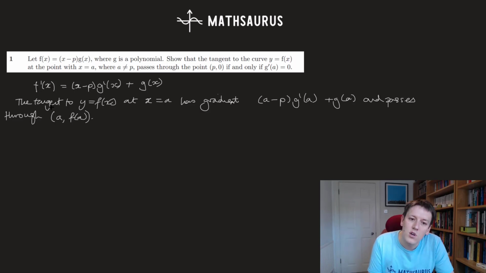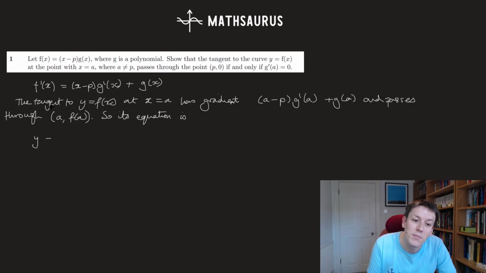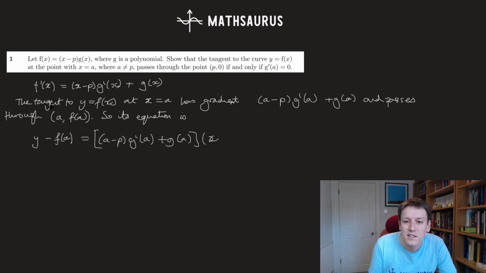Okay, so that means that its equation, just using the form y minus y1 is m times x minus x1, is y minus f of a equals a minus p times g prime of a plus g of a, times x minus a.